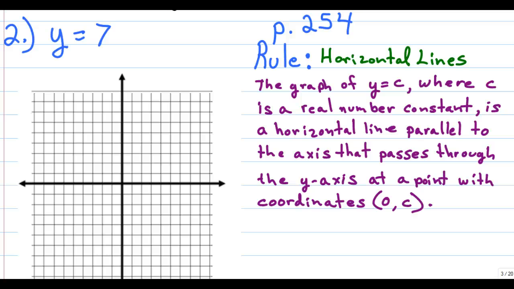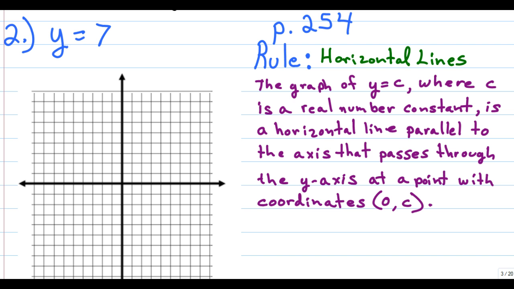If we remember from page 254 from your textbook, there's a rule for horizontal lines. It says the graph of y equals c. So in this case, if we look back, we have y equals 7. So our c is a 7.